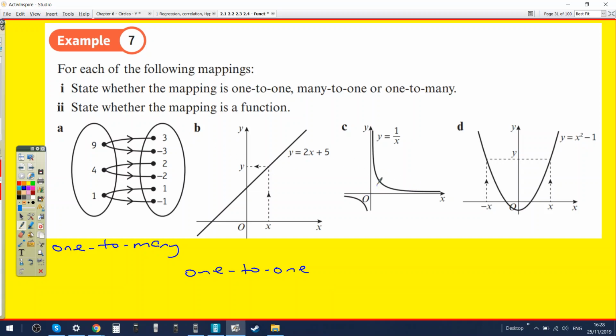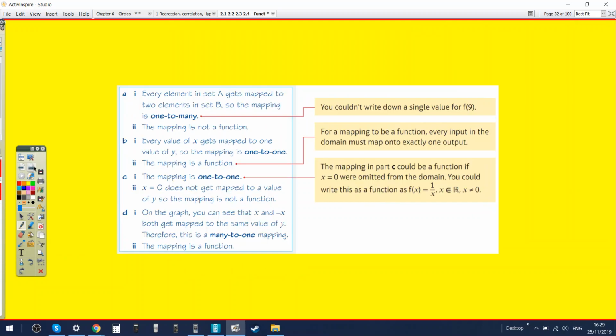So that would be slightly different. You see, the infinity thing is a bit weird. I think it's 1-to-1. And then how about the last one? That's many-to-one. Let's see. Many-to-1. So A was 1-to-many. B is 1-to-1. So C is 1-to-1 as well.